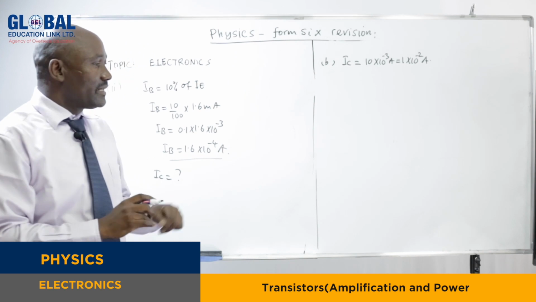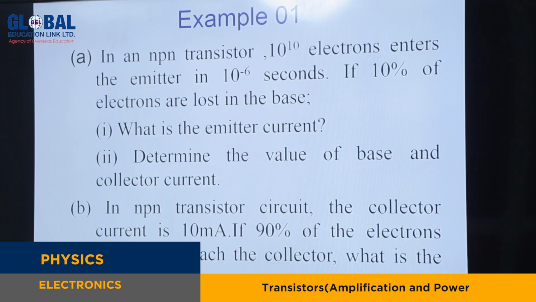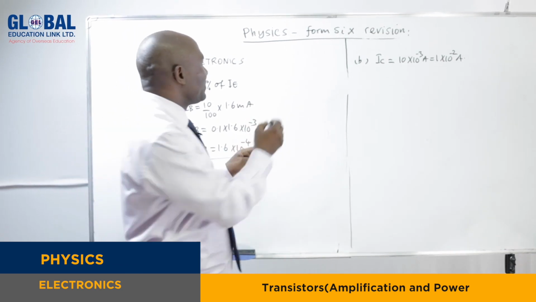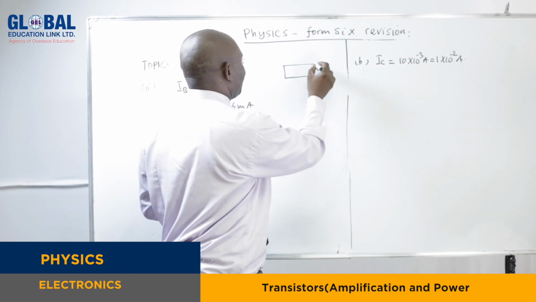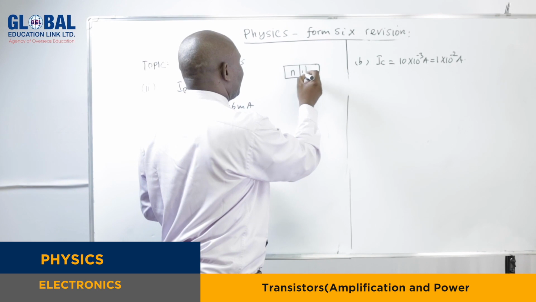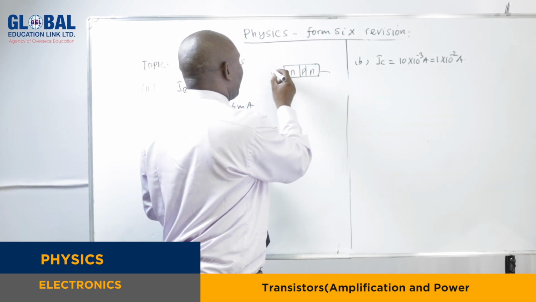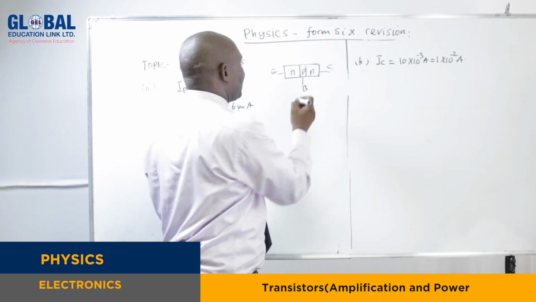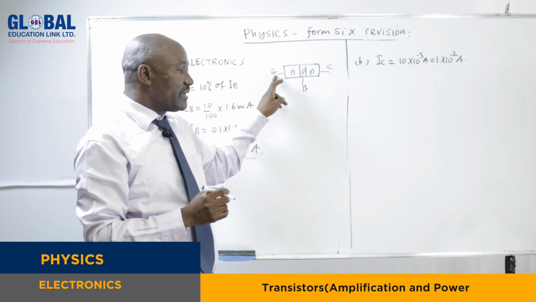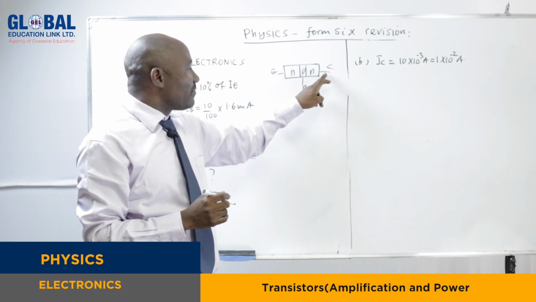That's the collector current. 90% of electrons which are emitted. So if you remember from the NPN, it means this arrangement: emitter, collector, base. 90% of electrons which are emitted from this emitter are able to reach the collector.